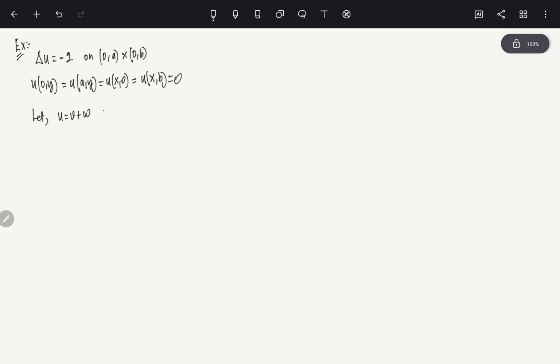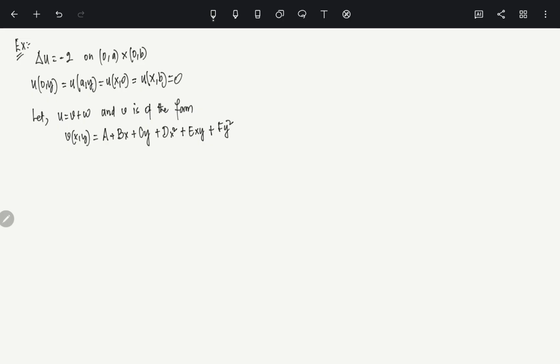Okay, and v is of the form v(x,y) = a + bx + cy + dx² + exy + fy².